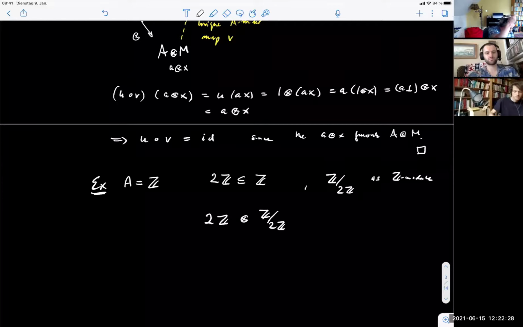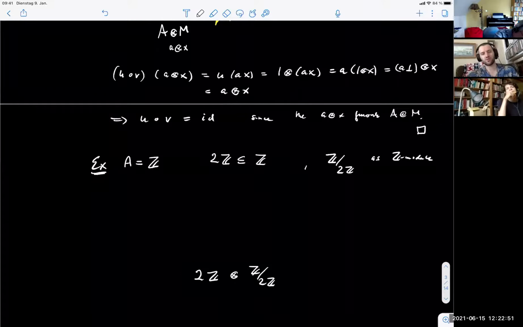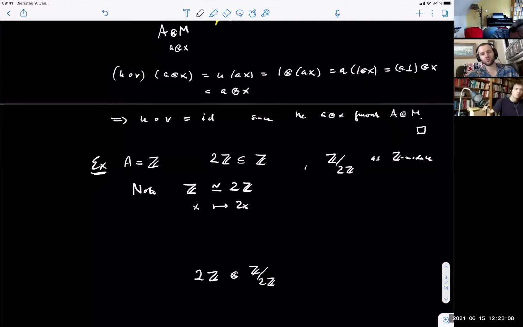Sometimes one has to be careful; sometimes these tensor products can be zero. But here it's not the case. Maybe we note the following: 2Z is isomorphic to Z. They're isomorphic, x goes to 2x and vice versa, so there is nothing strange about it.